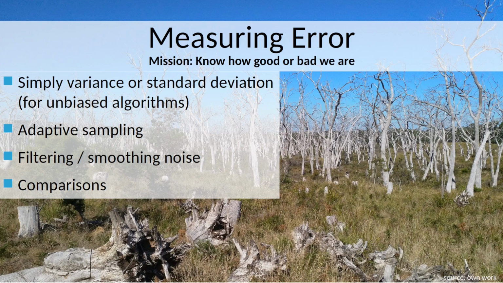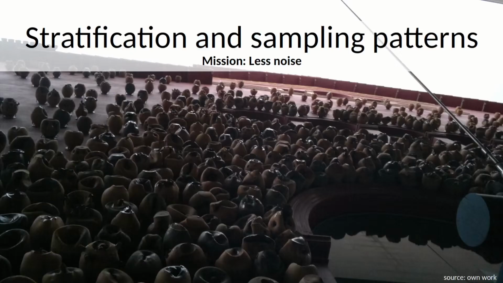And now our last topic for today: stratification and sampling patterns. I don't remember where I took that picture, probably somewhere in France. It's a facade, but it looks a bit like cosine hemisphere samples projected on the tangent plane. I like it.